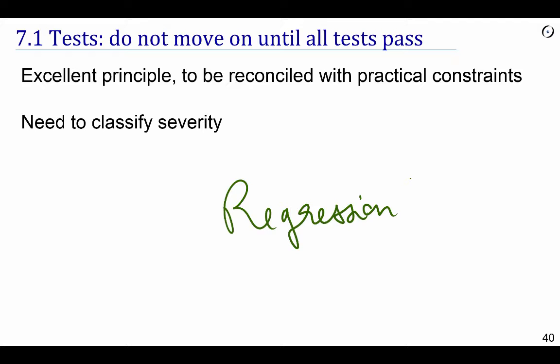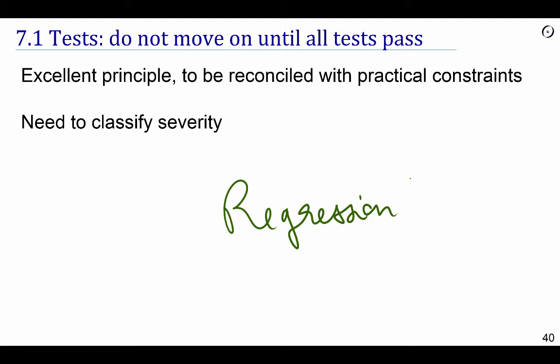And so the idea of this principle here is that it is forbidden to start adding new functionality until we are sure that all existing tests pass, that is to say, all the existing functionality is reasonably well implemented as guaranteed or at least supported by the regression suite.